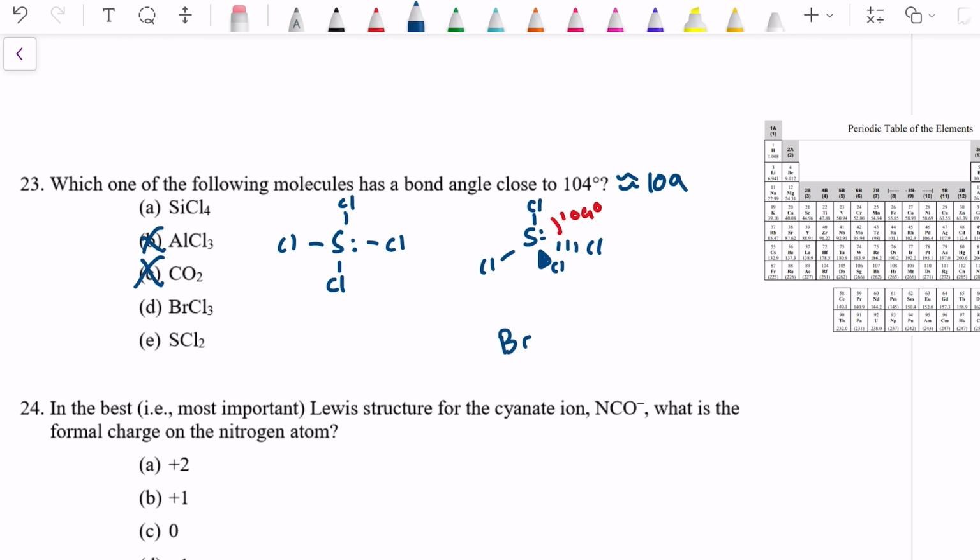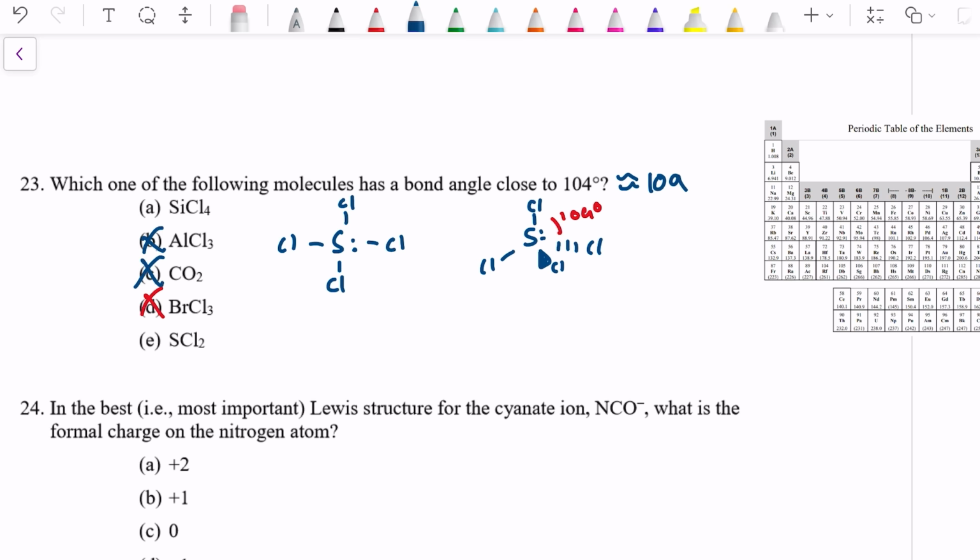Bromine trichloride, same deal as the aluminum chloride. It's trigonal planar, and these are all about 120 degrees. Not really close.